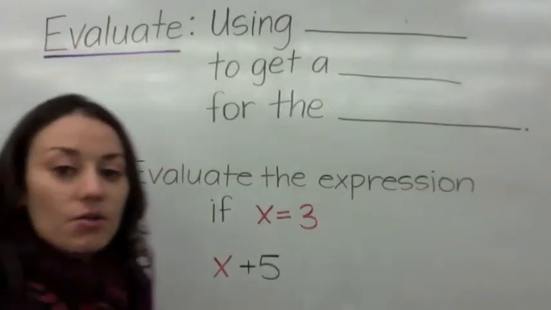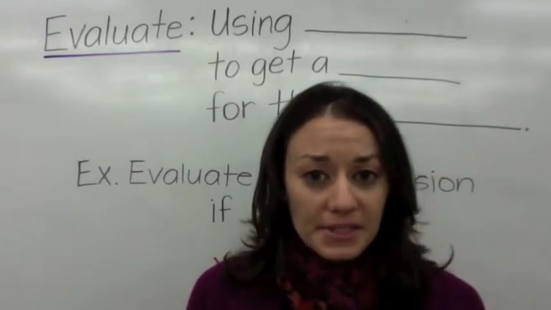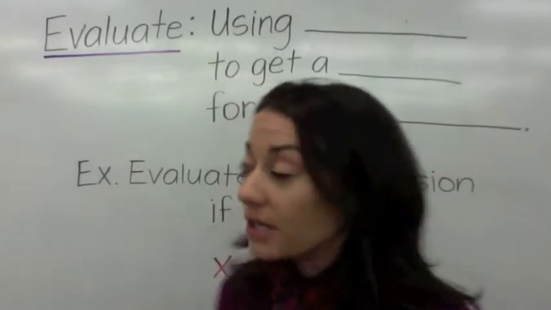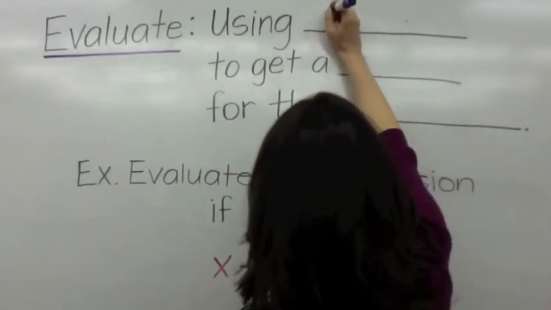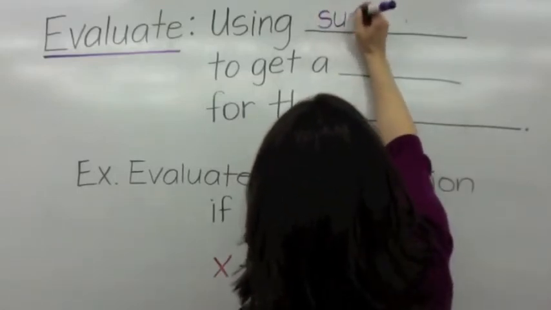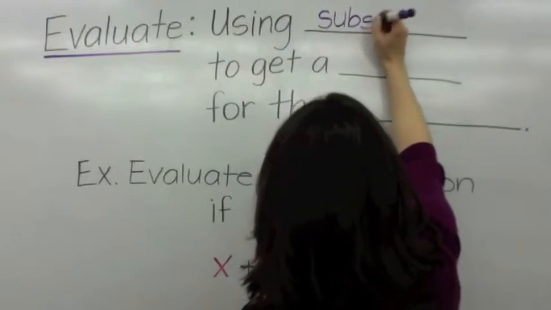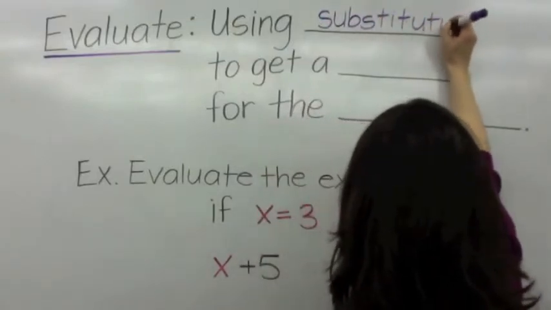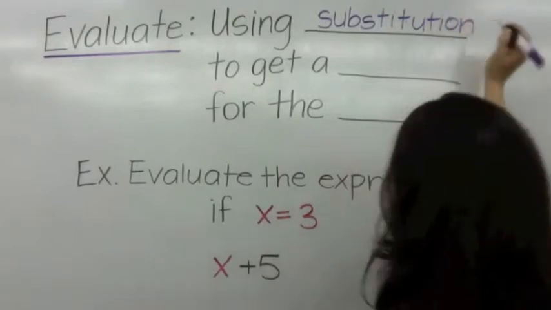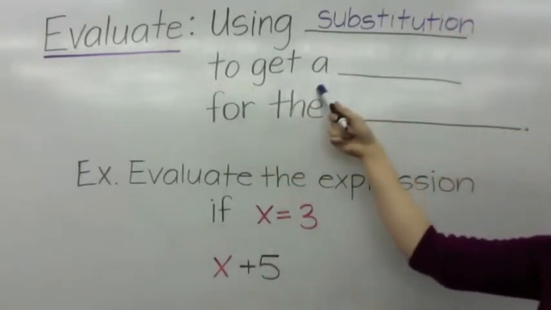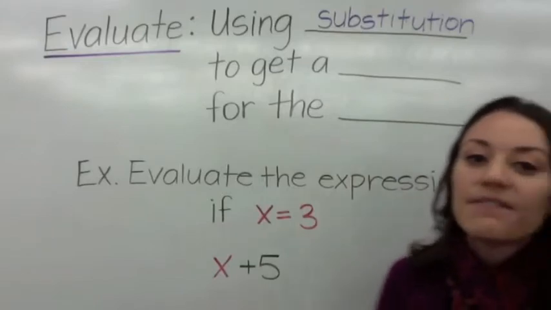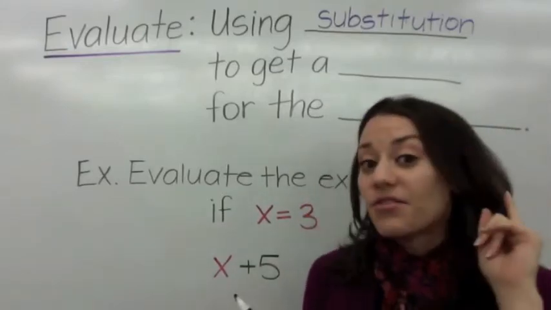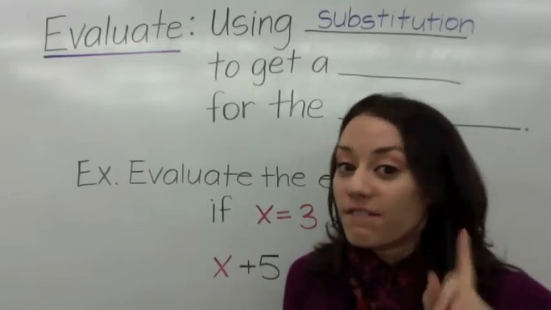Now, evaluation means that you're actually going to use substitution. So let's write substitution. Okay. To get A. Okay. Now, instead of an answer, another word for answer is value. It's what? Value.